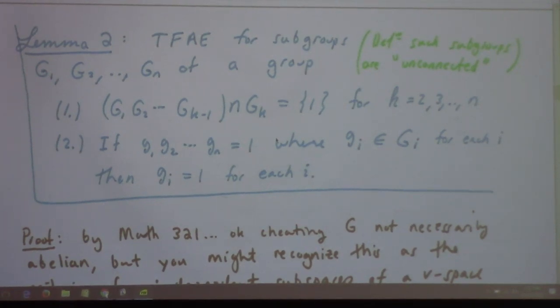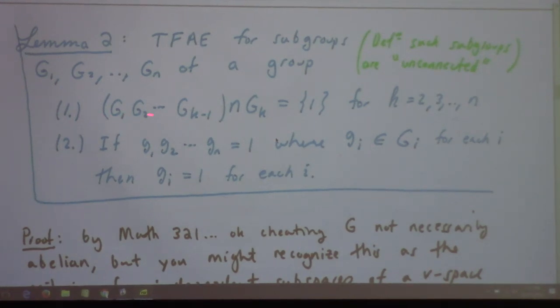So these are called unconnected subgroups, which topologically I question this terminology, because certainly in the case of vector spaces, quote unquote unconnected subspaces are very much connected in the topological sense, because you can always run paths through 0 to get to the other one, but whatever. I digress. So the following are equivalent for subgroups.